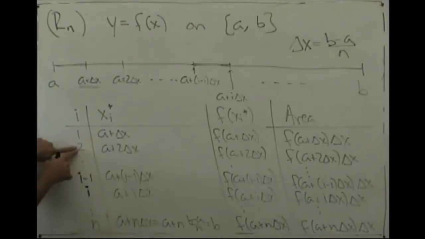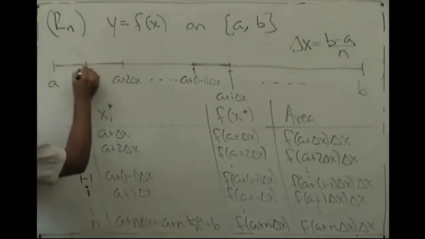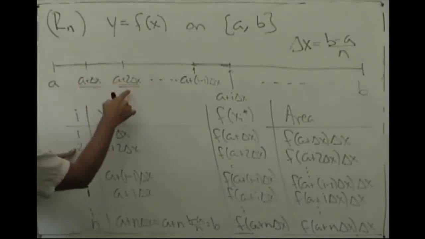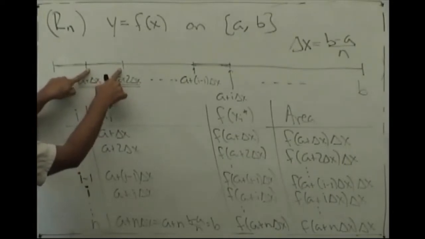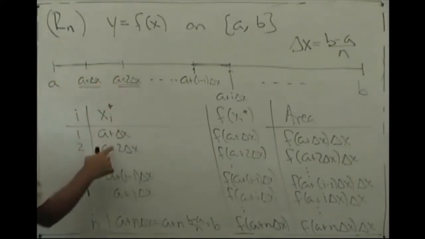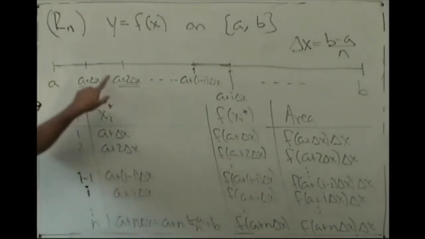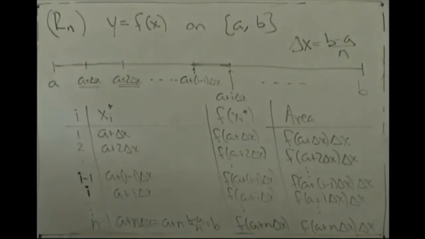On the second subinterval, the way we will obtain the height is to plug in the right endpoint of the second subinterval. The right endpoint is a plus 2 delta x. We will take that and plug it into the function to get the height of the second rectangle.